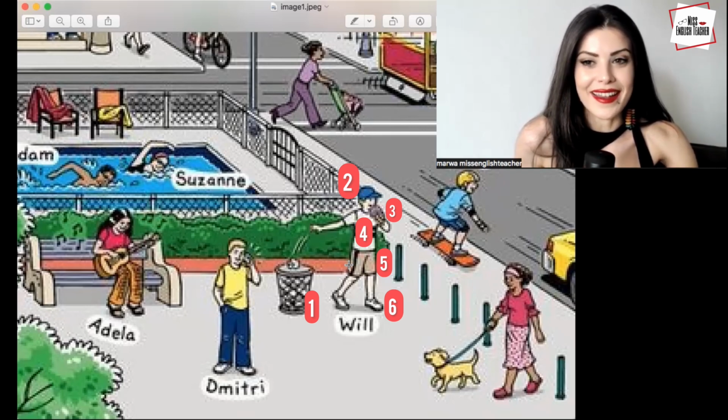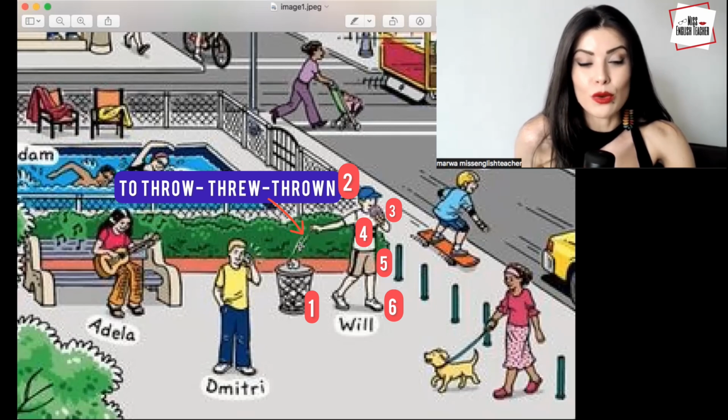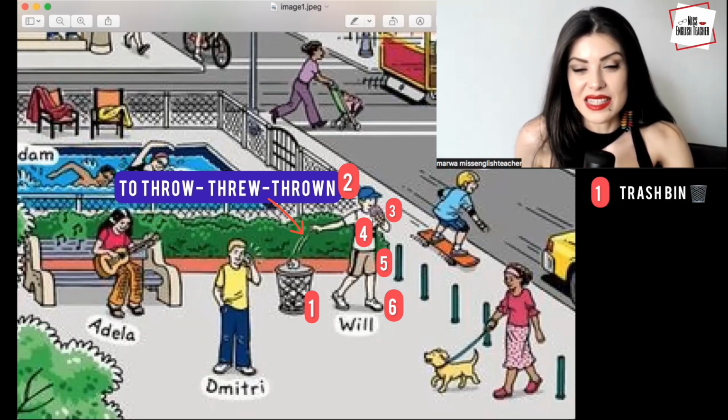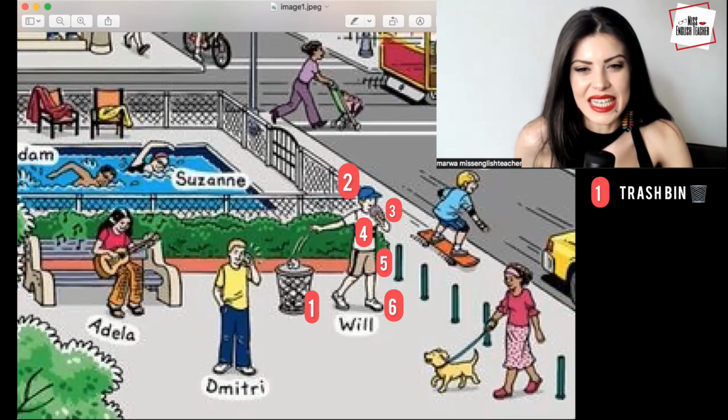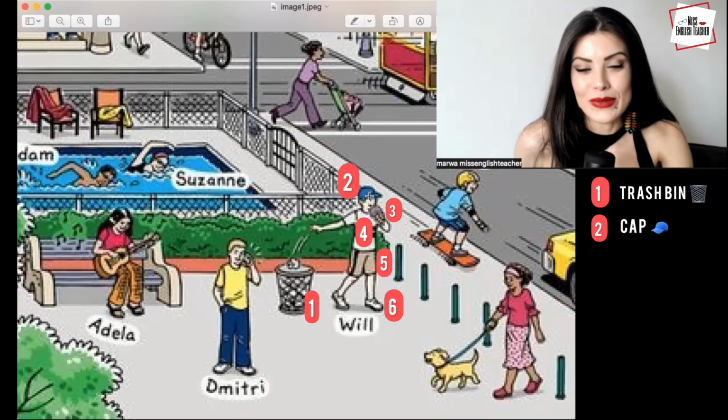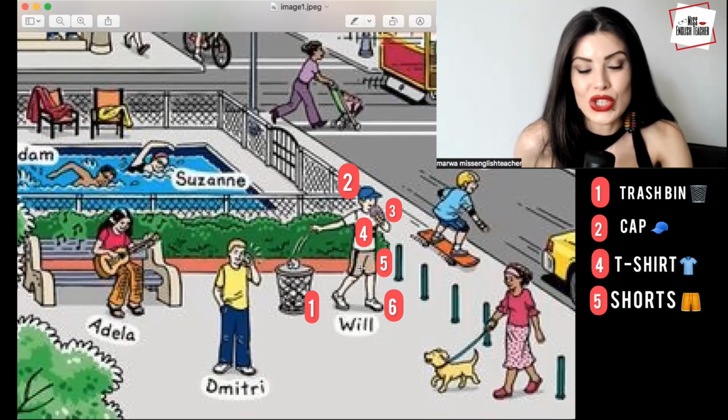Good. Okay, so Will just threw something in the trash bin, and it seems that he's eating a sandwich. Would you guys agree? He's wearing a cap, a t-shirt, shorts, and sneakers.